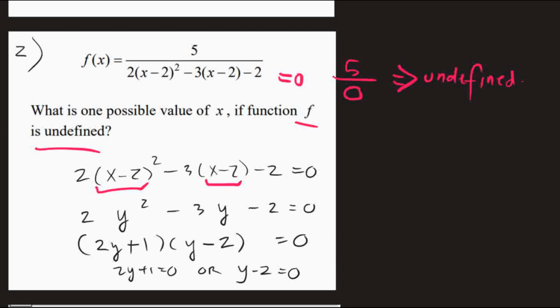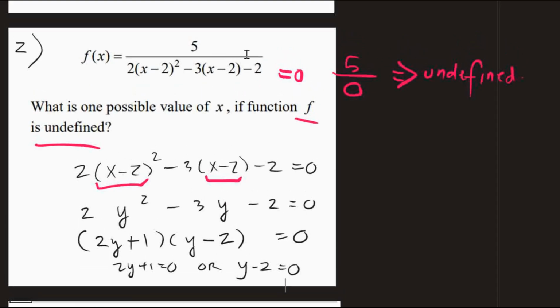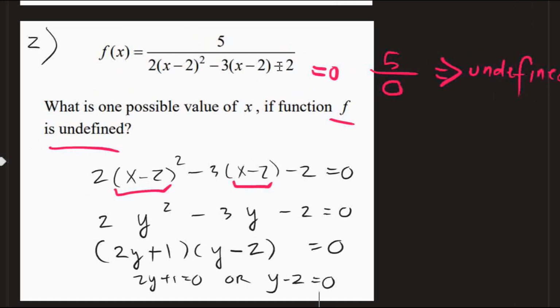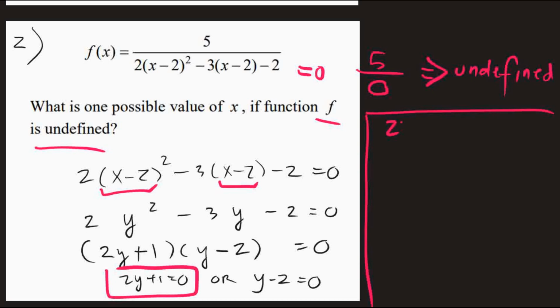Now let's continue this. If we continue this one, 2y plus 1 equals 0.